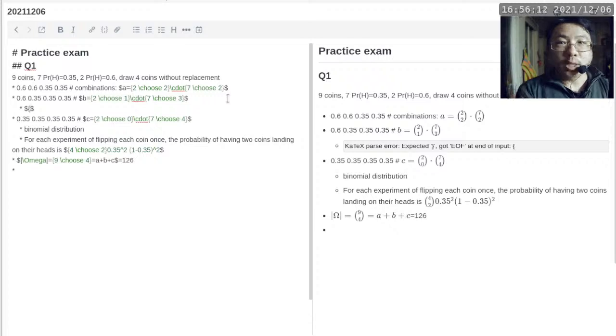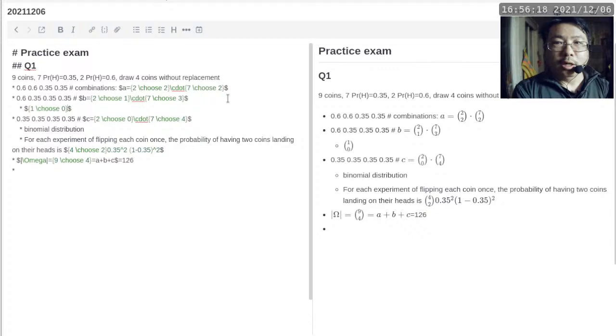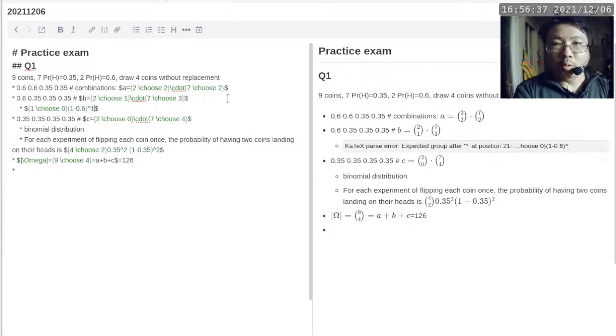So in this case, of the one, we are choosing 0, because the only coin with a 0.6 probability of landing on the head is not landing on the head. If it is not landing on the head, it has to be landing on the tail, and the probability of that happening is 1 minus 0.6, which is 0.4, to the power of 1.